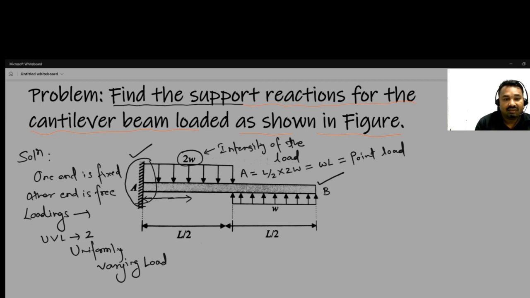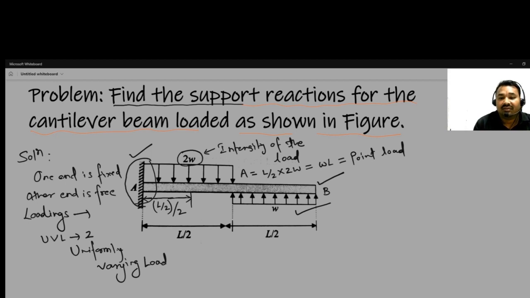So L by 2 divided by 2. Similarly for the UDL load which is acting from downwards, this one.